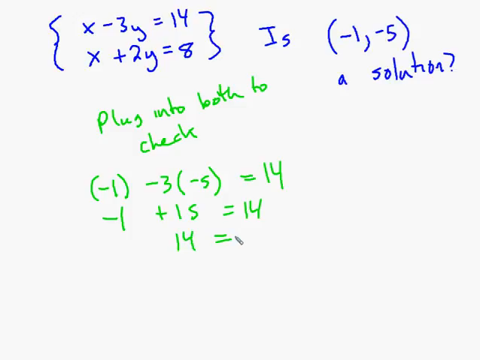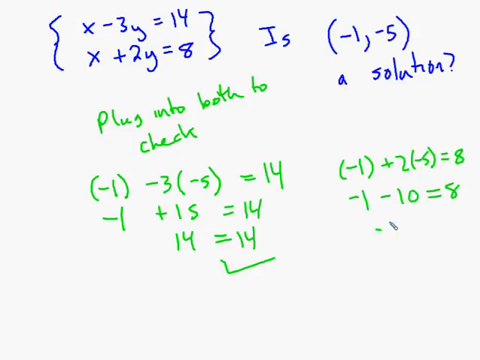And 14 equals 14, so that works in the first one. The second one, I get negative 1 plus 2 times negative 5 equals 8. Negative 1 minus 10 is 8. Negative 11 does not equal 8, so nope. So is this a solution? No. It has to work in both of them.